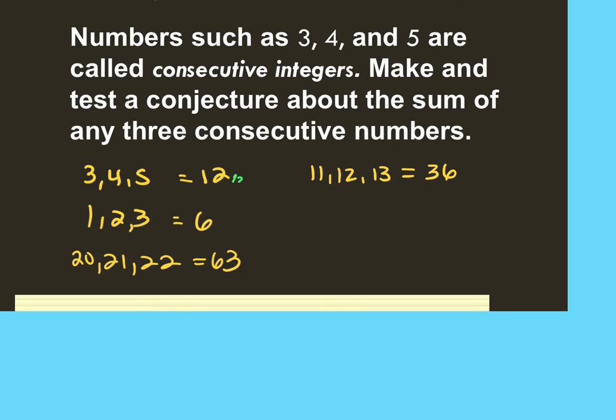So 12 divided by 3 is 4. 6 divided by 3 is 2. 63 divided by 3 is 21. 36 divided by 3 is 12. Do you notice anything happening there? Oh, it's always the middle number. Yup.